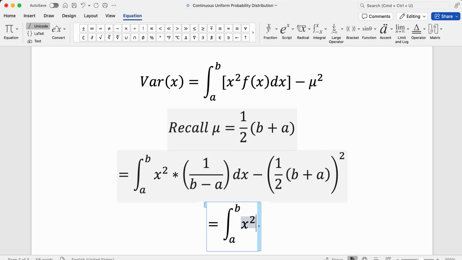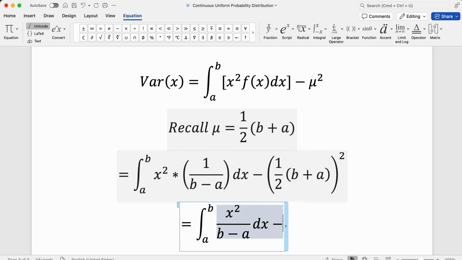Now I get x squared over b minus a dx minus this.